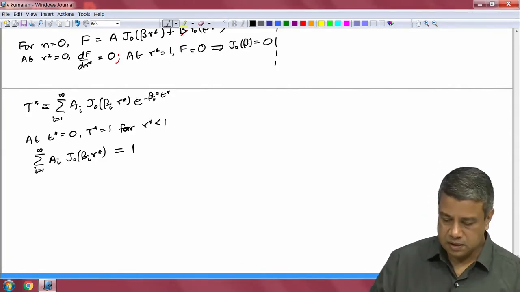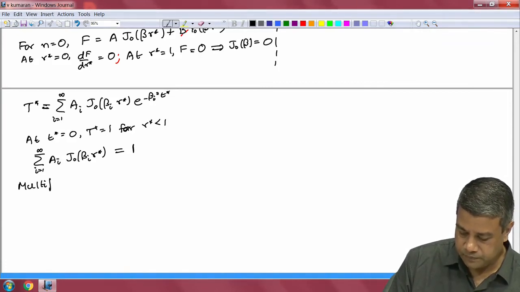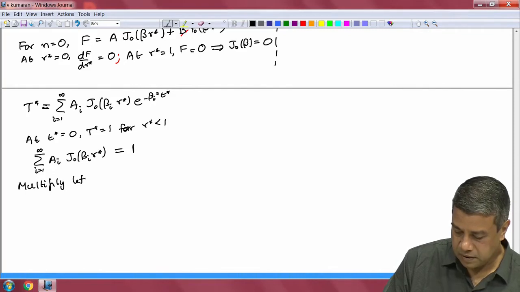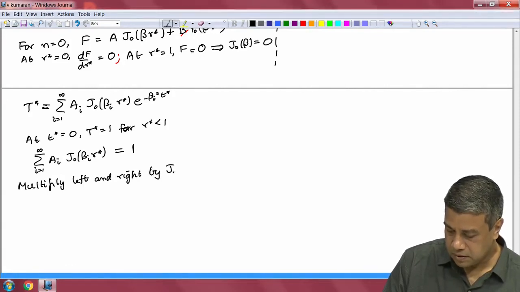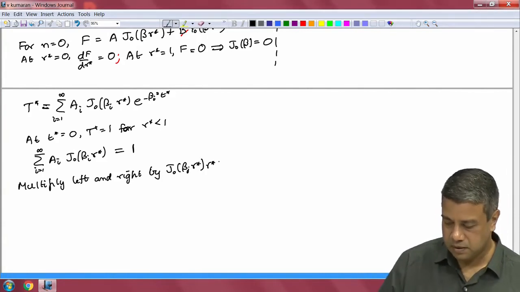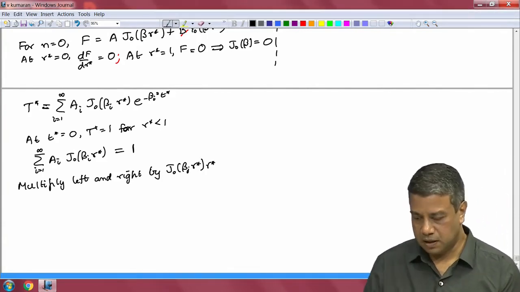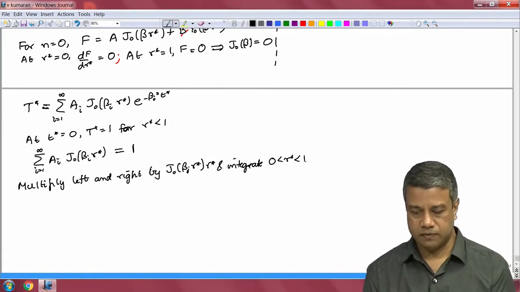What we do is multiply left and right by j naught of beta j r times r, and integrate from 0 to 1.